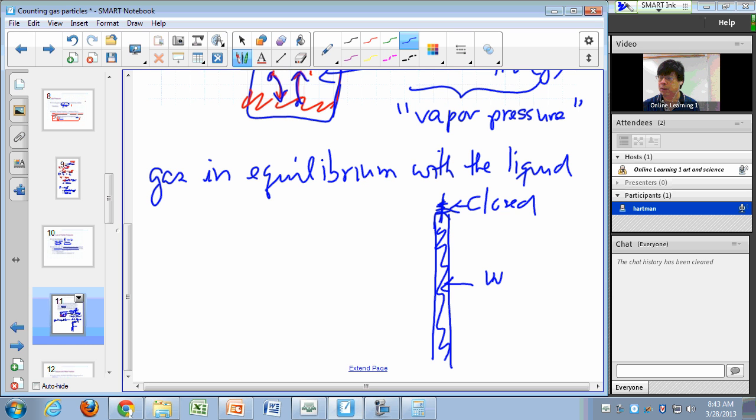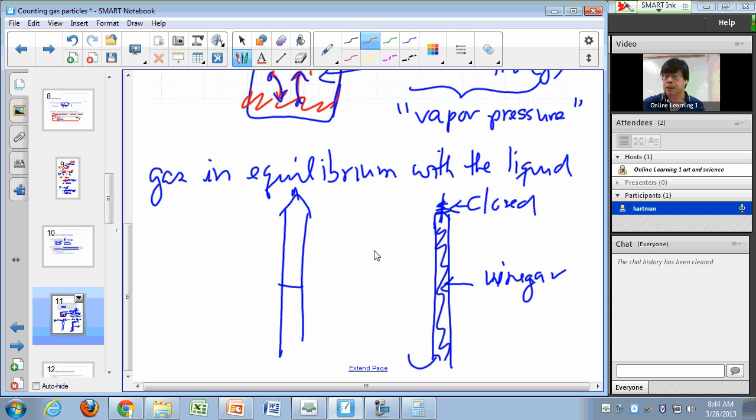Actually, vinegar, you're going to be using vinegar, and you'll have a reaction here. Vinegar is just acetic acid in water. A reaction will generate hydrogen, so you'll be able to collect hydrogen gas. So in here you'll have hydrogen gas, and here you have water. Your hydrogen's going to bubble up into your burette, and what you have down here is just a beaker of water.